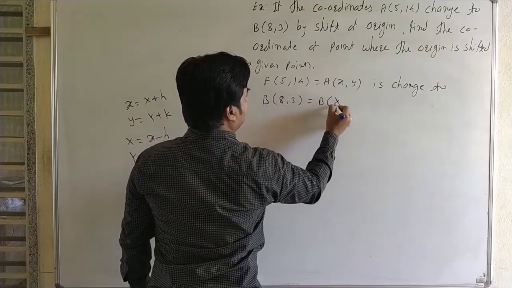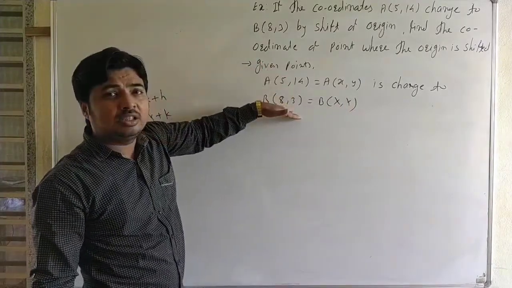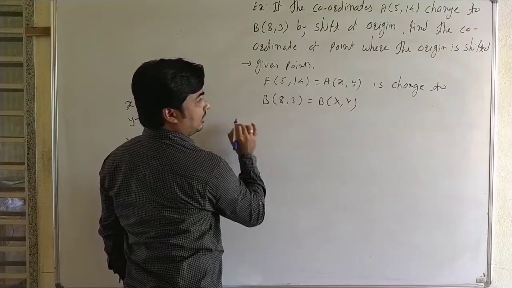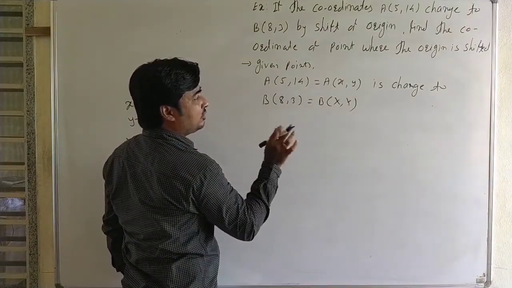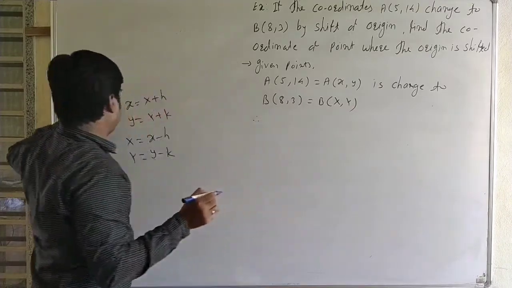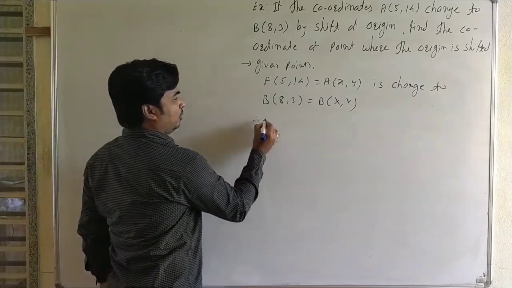That is, x, y are the old coordinates and capital X, Y are the new coordinates. Then we want to find the coordinates of the origin, that is h, k. Therefore we can write, we know the formula, small x is equal to this and small y is equal to this.